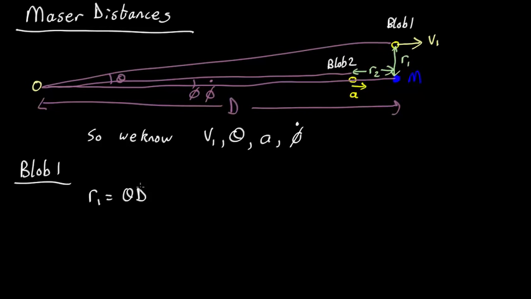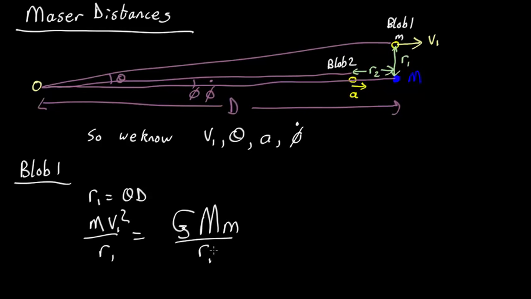The other thing we know is we can balance centrifugal force against gravity. So we know that m of the blob, small m, v1 squared over r1 equals the gravitational force, G big M of the black hole, small m over r1 squared.